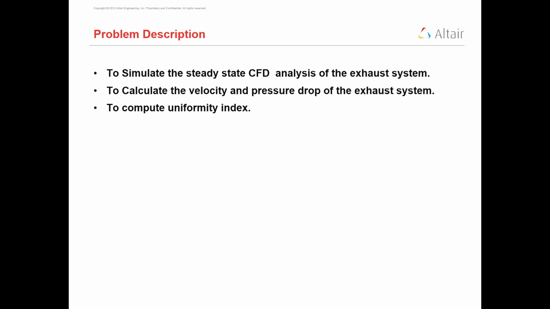This shows whether the flow is flowing well or is stagnant. So uniformity index plays an important role. It is normally called flow uniformity as well. It is an index to see whether the flow is flowing very well over the cross-sectional area of a porous medium.